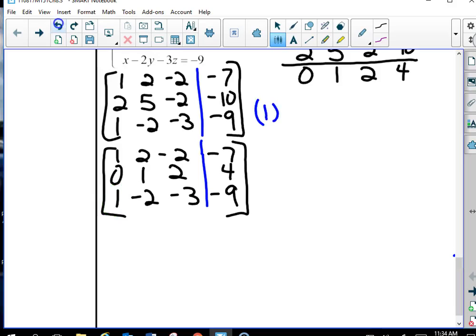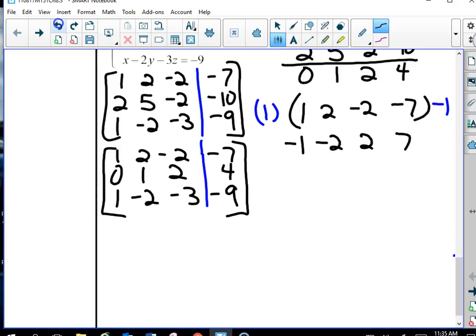So 1 and multiply that by a -1. And I get that, which I'm going to combine with row 3.